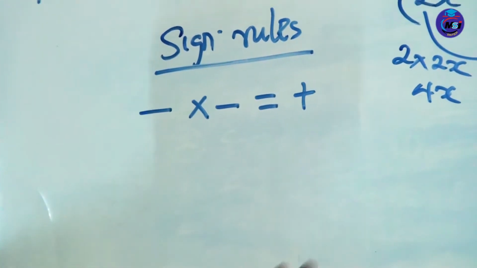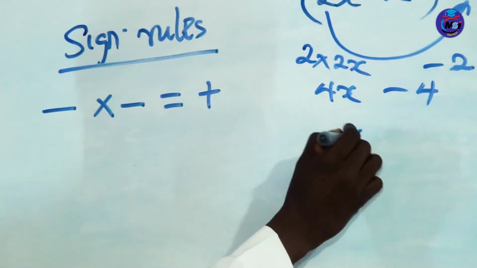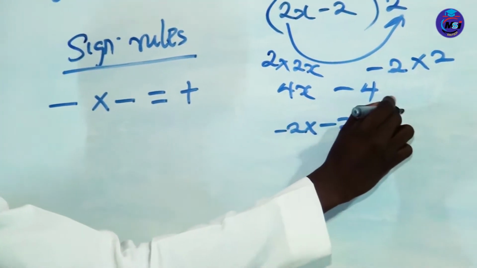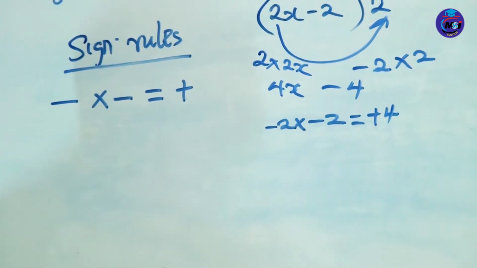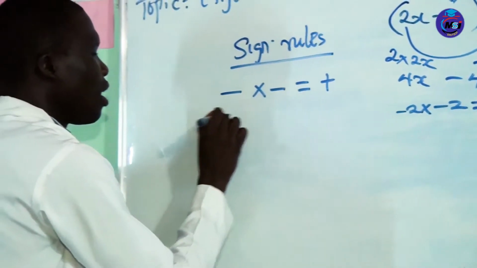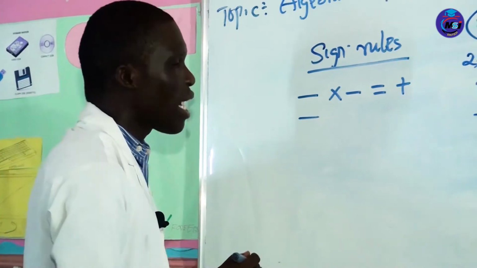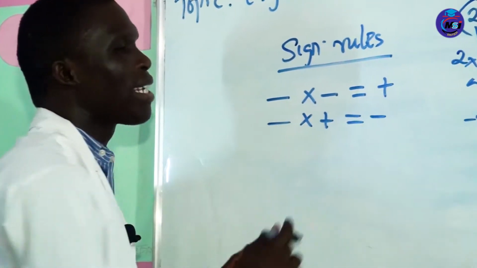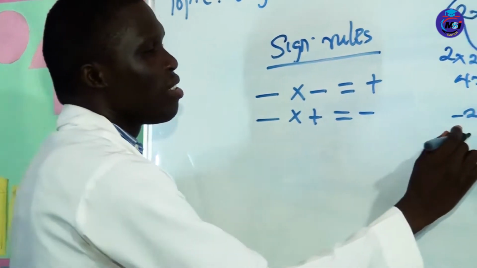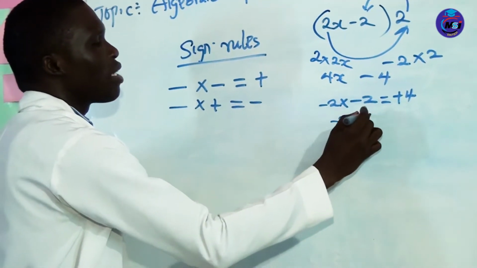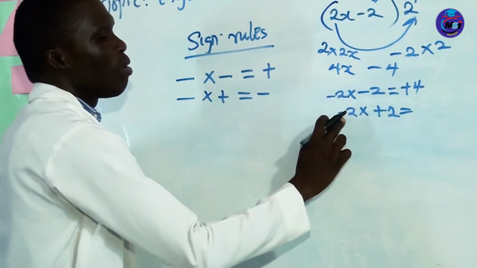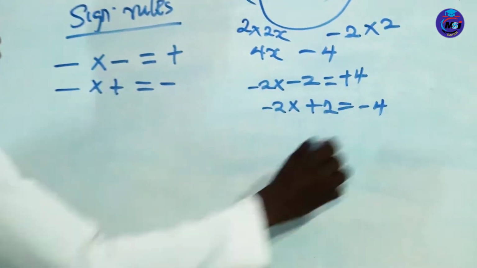Just like you have minus 2 times minus 2, which will give us plus 4. That is what it means. The second rule is telling you that minus times plus will give us minus. Just like you have minus 2 times plus 2, which will give you minus 4.